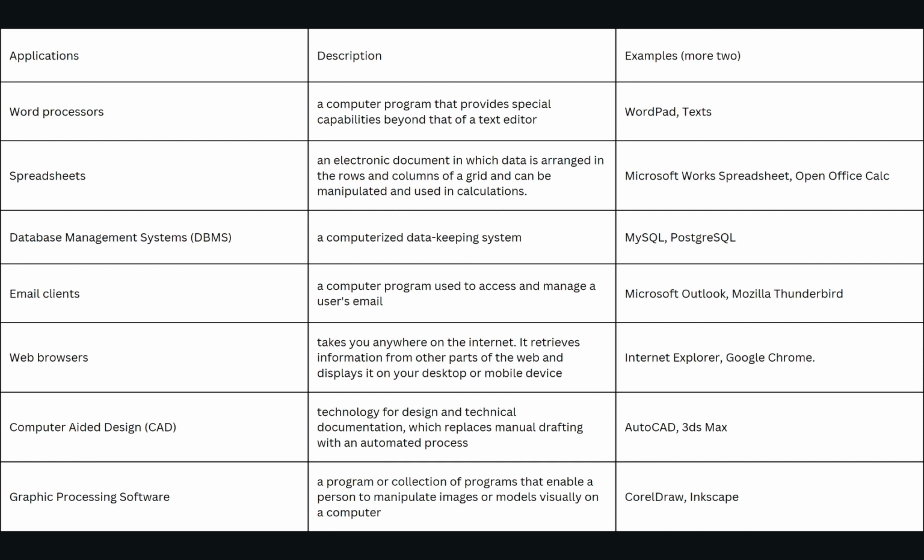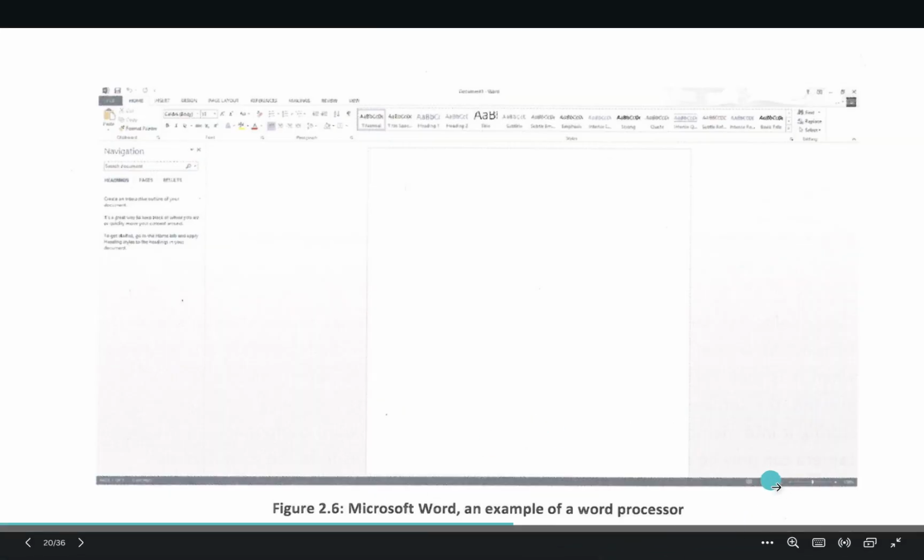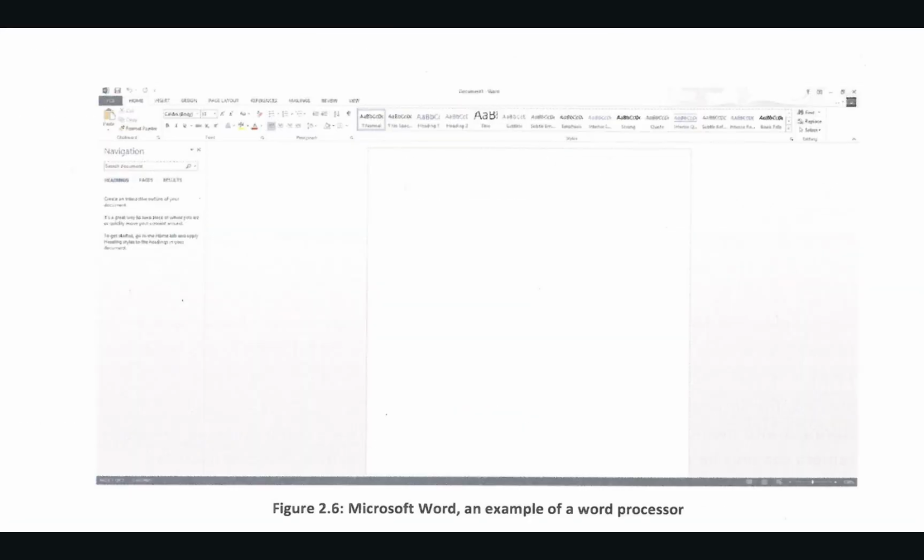Let's talk first about word processors. It's a computer program that provides special capabilities beyond that of a text editor, like WordPad or Notepad. For example, here, the example taken from the book, it's Microsoft Word, an example of a word processor, or Google Documents.